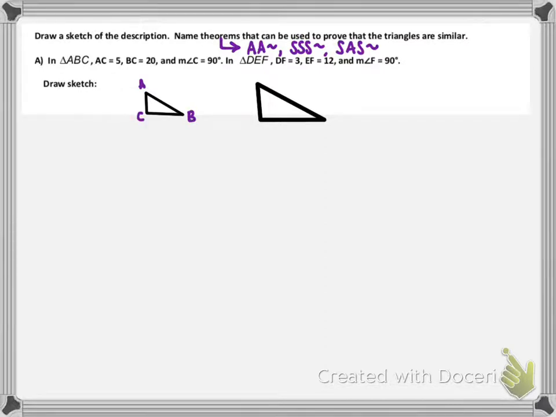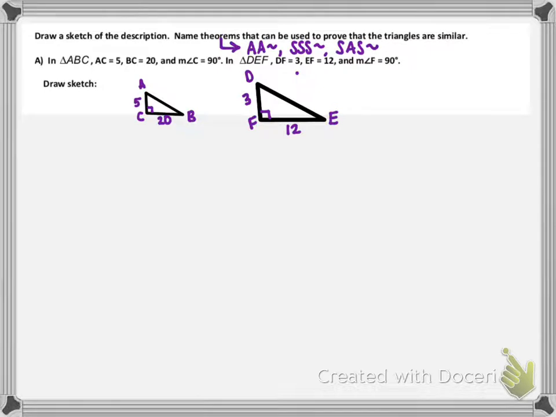So let's see, C is 90 degrees, AC is 5, BC is 20. All right, and then we have D, E, F. DF is 3, EF is 12, F is 90 degrees.